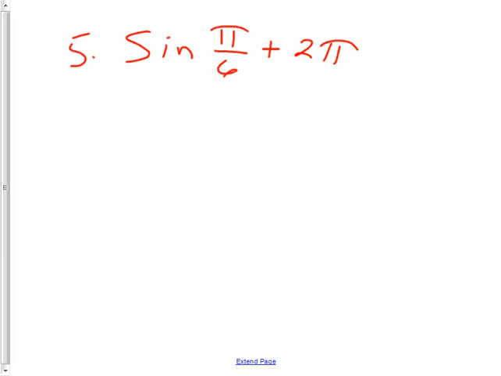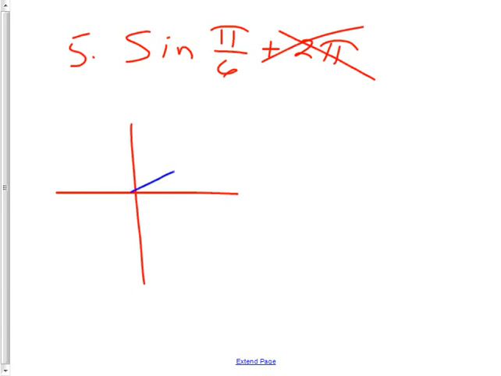So basically, you can ignore it when they say add 2 pi. What if they say add 4 pi? Just ignore it, because you're going around to the same spot you were at before. If you're at pi over 6, you're right here, and if you go around another 2 pi, you end up right back on top of itself, same spot.